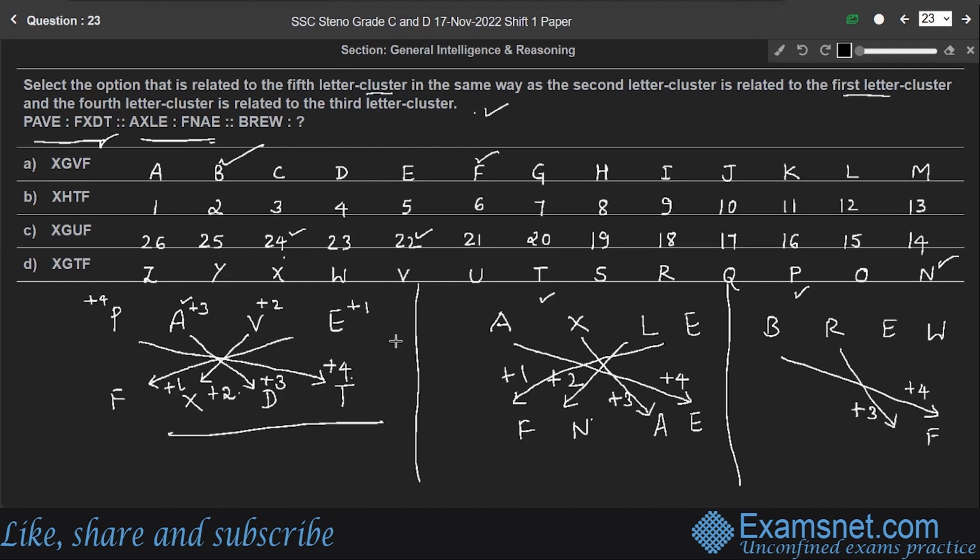R is 18 plus 3 is 21, which is U. And E plus 2. E is 5 plus 2 is 7, which is G. And W is 23 plus 1. W plus 1 is 24, which is X. Therefore, the code for BREW is XGUF. XGUF, option C is the right answer.